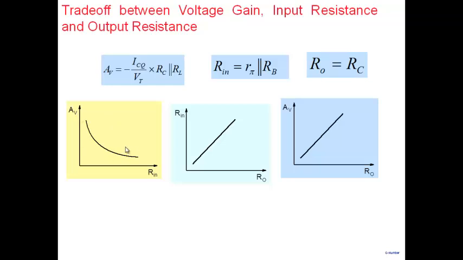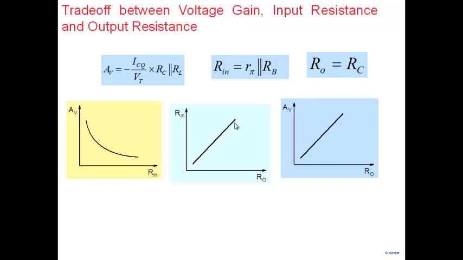AV versus Rn trade-off. Similarly, you see Rn versus R0. If you leave gain unchanged and you try to get a lower output resistance, then you'll have to get lower input resistance as well. Because gain is constant, lower RC means you'll have to increase ICQ, and if you increase ICQ, the Rn will fall.